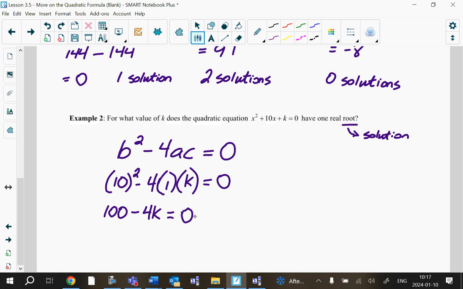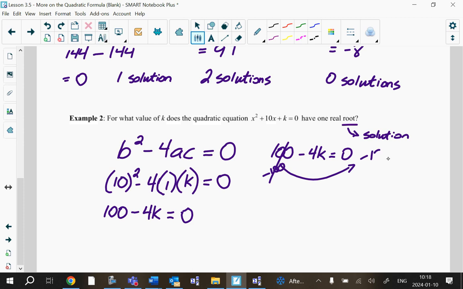Remember, this is not a quadratic equation. This is just a regular one. Don't overthink here. Don't we just move everything to one side to get K by itself? So I got to move the 100 over by subtracting 100.